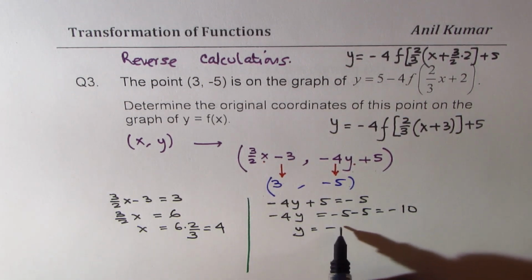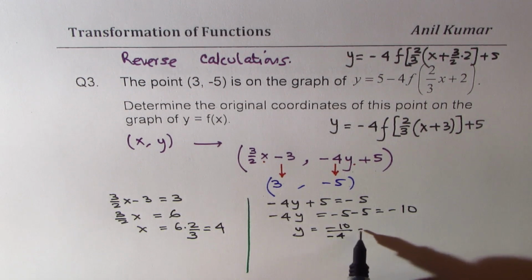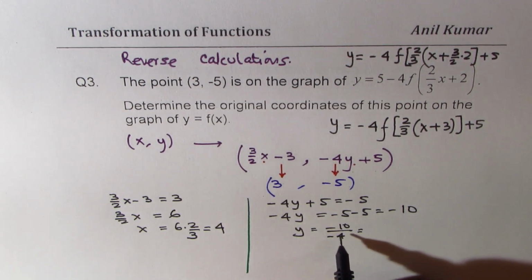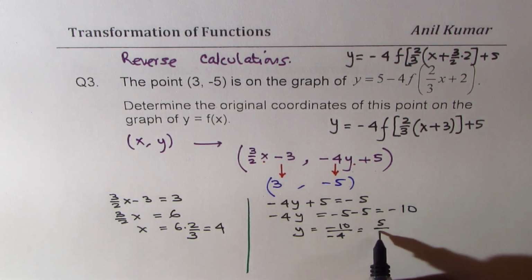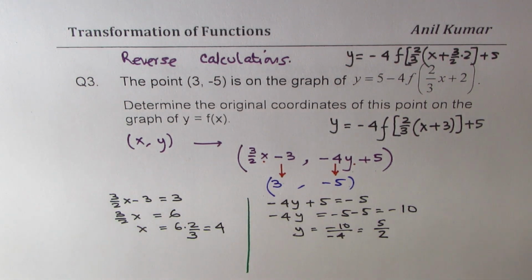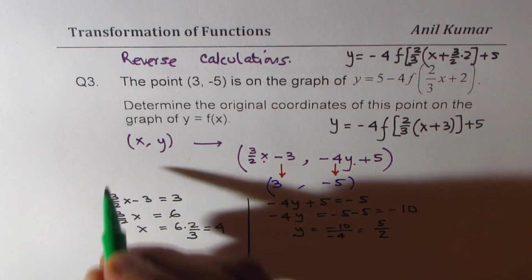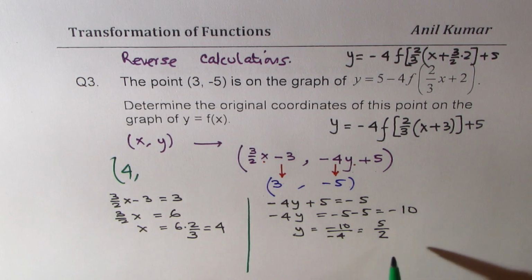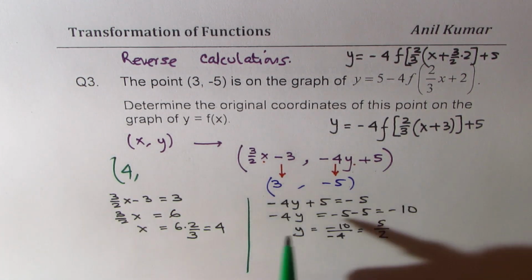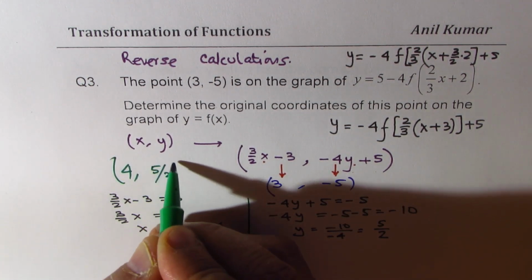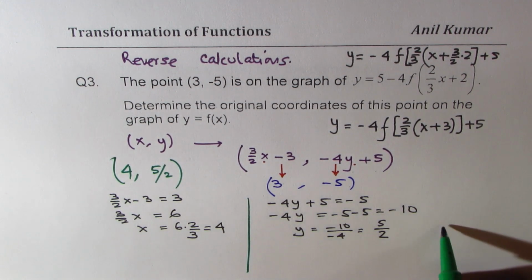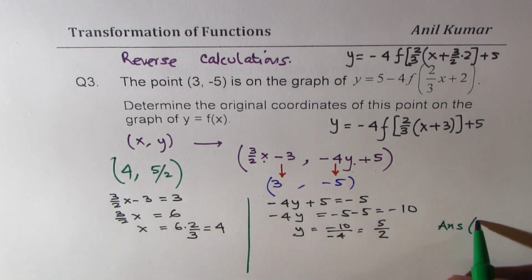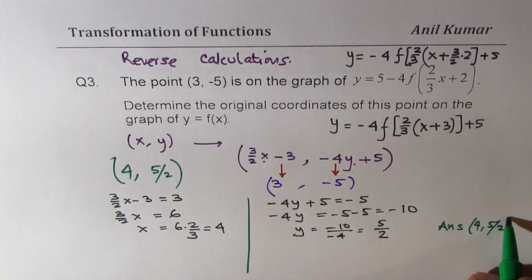So y is -10 divided by -4, which, dividing by 2, gives 5/2. Correct? So the original point in our case is (4, 5/2). So that is the answer.